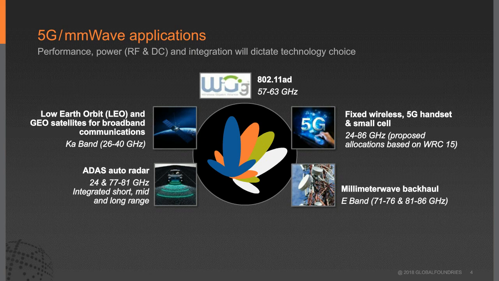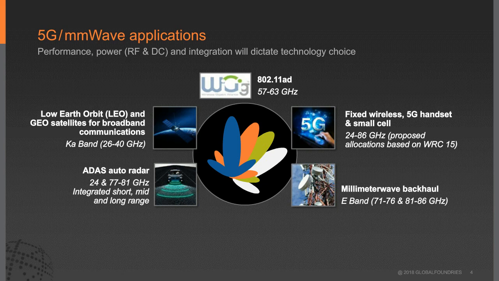Millimeter wave applications include ADAS, or advanced driver assistance systems, and auto radar for automotive collision detection. It includes millimeter wave backhaul, and fixed wireless where millimeter wave phased arrays are used. 5G handset and infrastructure devices like small cells, femtocells, picocells, and microcells all use phased array systems for beamforming.